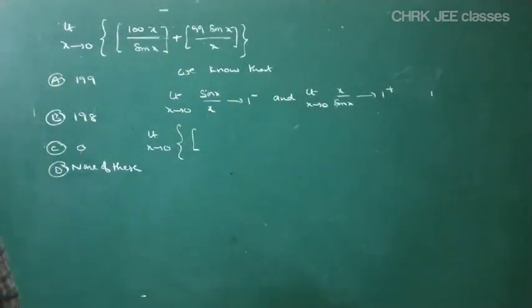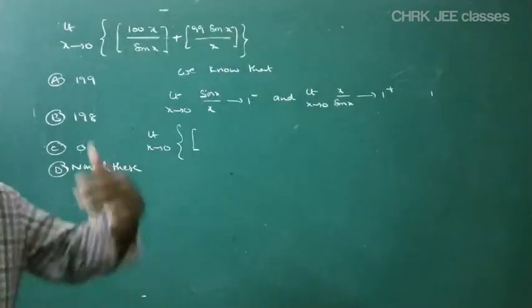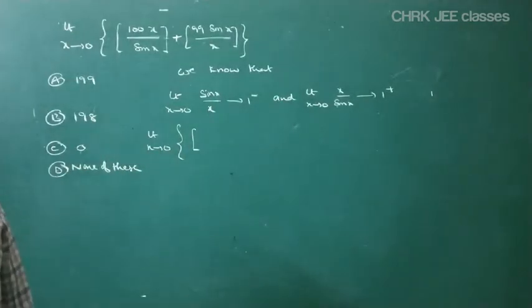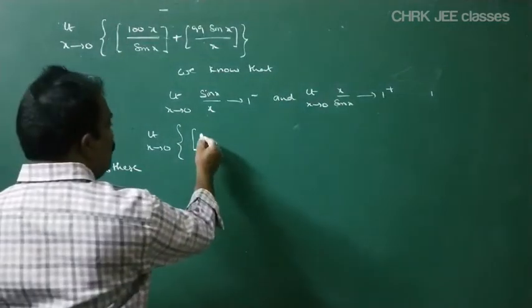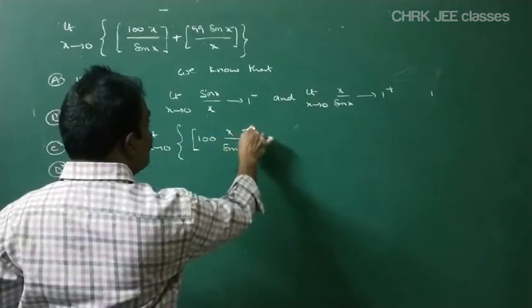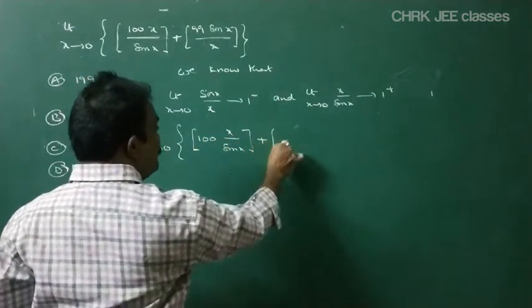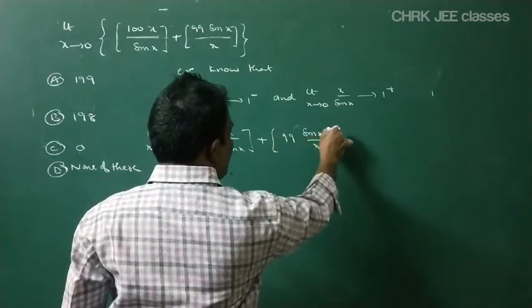1 plus is nothing but 1.00001 something like that. By multiplying with 100, we are getting 100 point something. So x by sin x plus integral part of 99 into sin x by x.